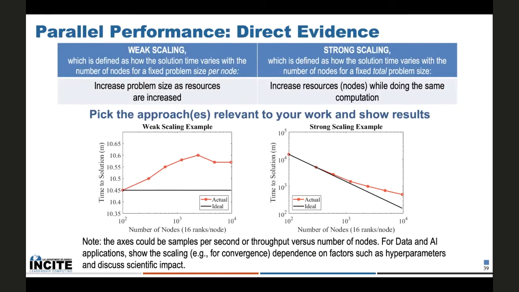When presenting application performance data, it is best to pick the approach most relevant to each type of run in your proposed science campaign. Examples of weak and strong scaling performance plots are presented in the left and right figures, where the x-axis indicates the number of nodes and the time to solution is plotted on the y-axis.